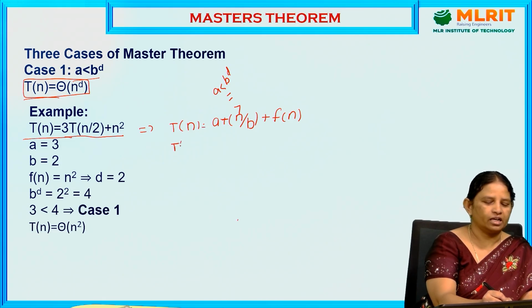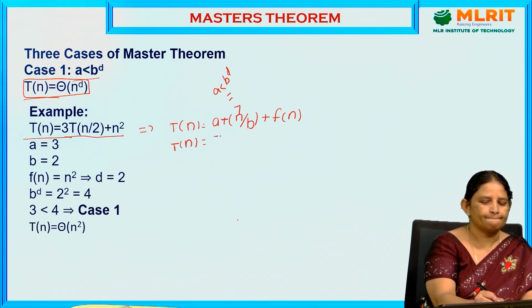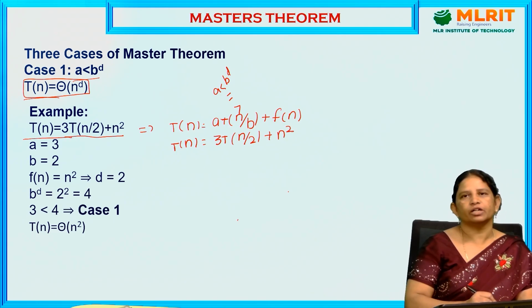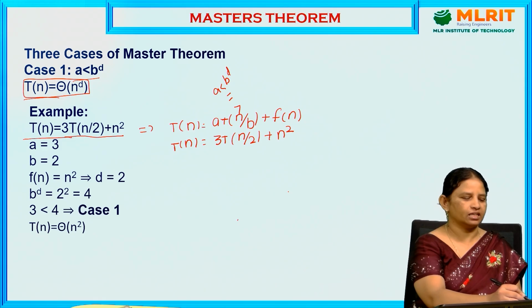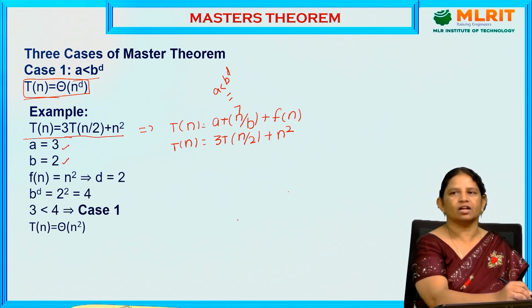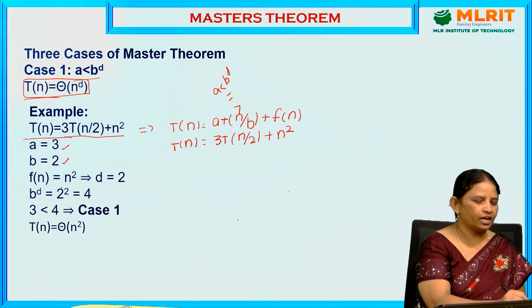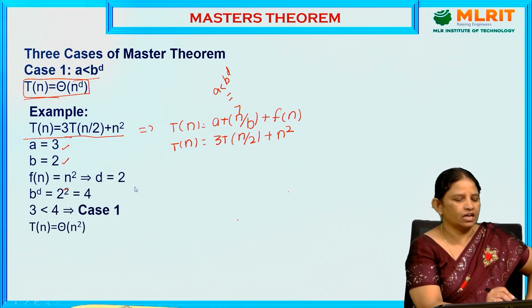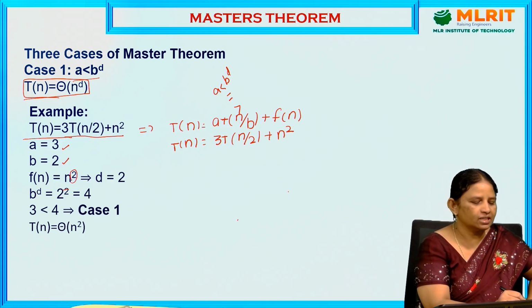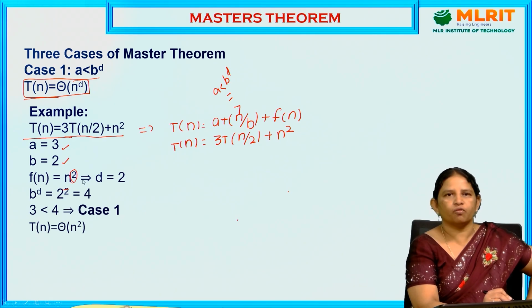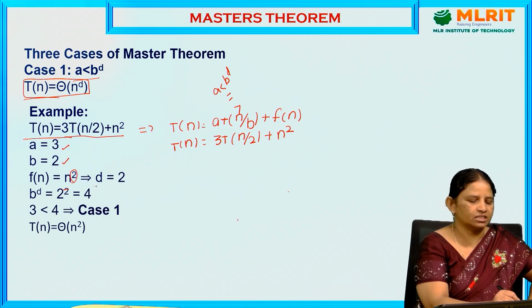T of n equals 3T n by 2 plus n square. According to this, a is equal to 3, b equals 2, and f of n equals n square. If f of n equals n square, what is the power of n? That is d. The power of n is 2, so d is 2.